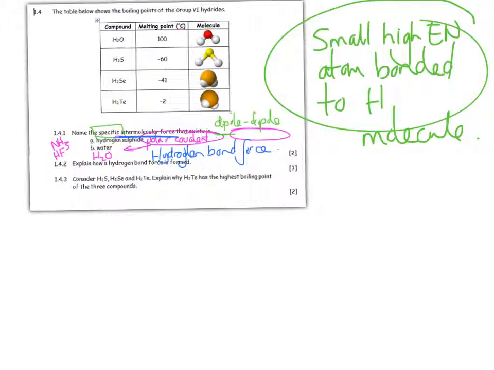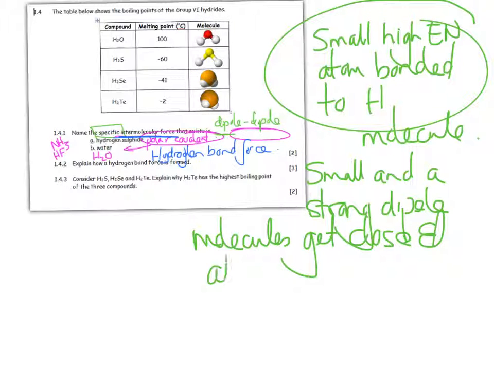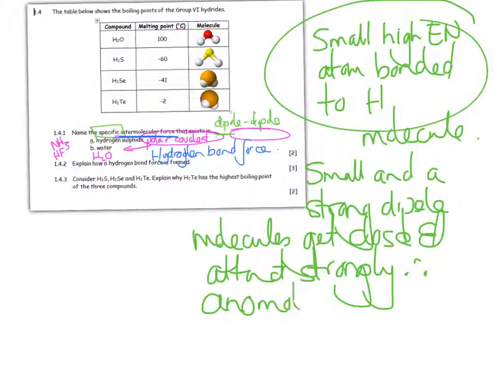Because this is small and a strong dipole, molecules get close and attract strongly, therefore anomalous, in other words, out of the sequence, anomalously high melting point and boiling point.